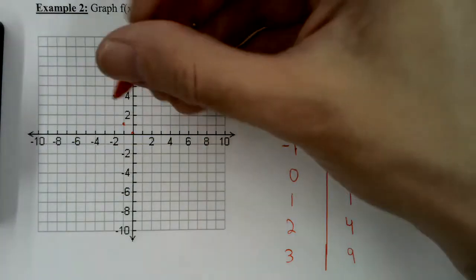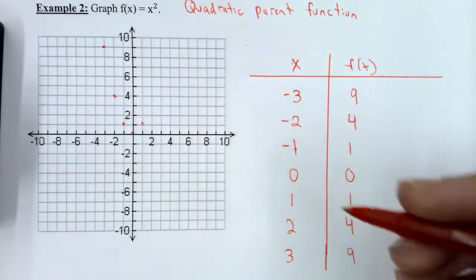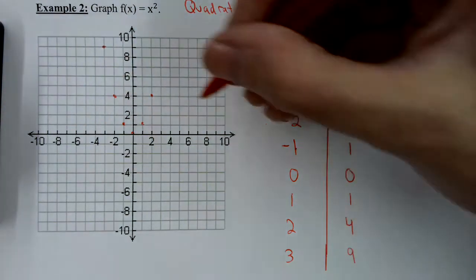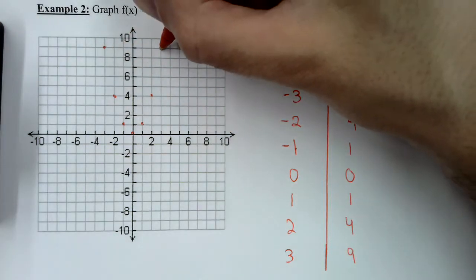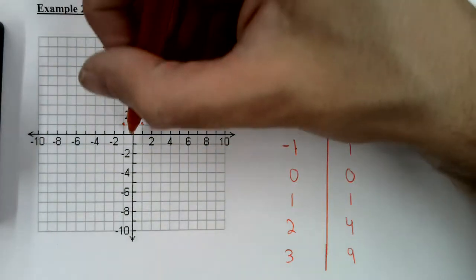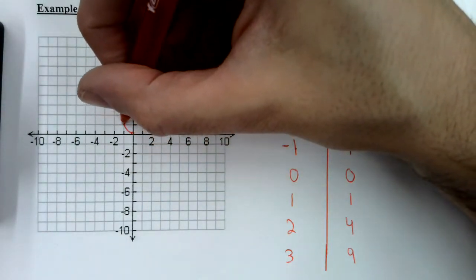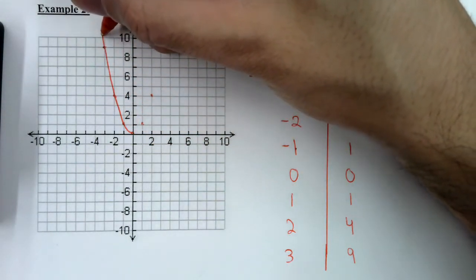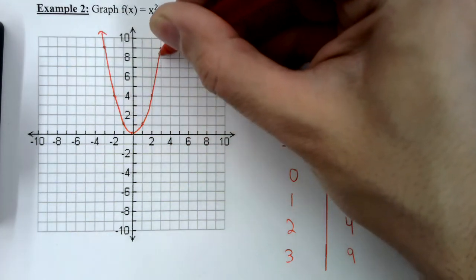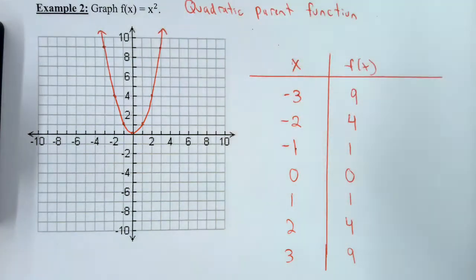We got 1, 1. 2, 4. And 3, 9. Let's graph that. This is going to be a U shape, not a V shape. So make your graph look kind of like a U shape. And this is the quadratic parent function.